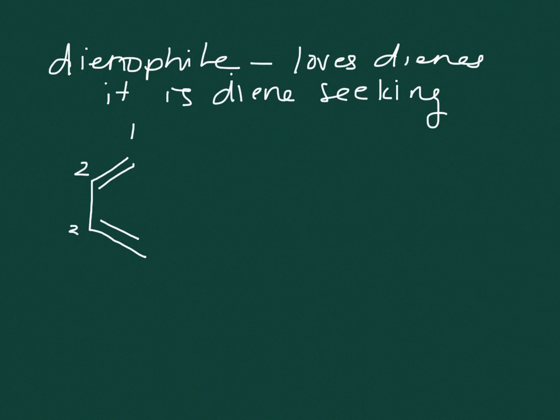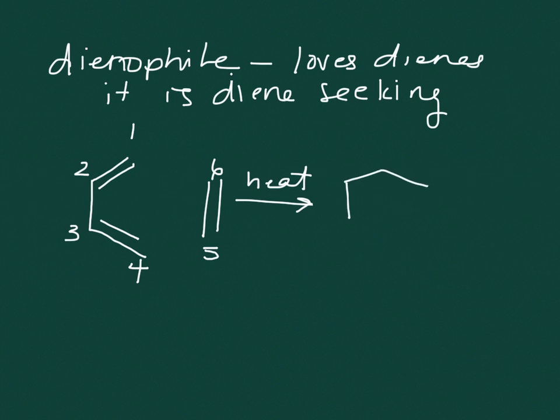We have our diene and our dienophile. We are going to add heat, and then what happens is we get our cyclohexene.